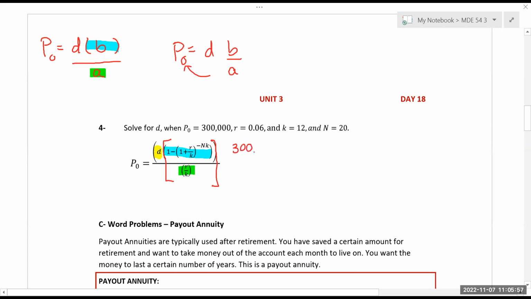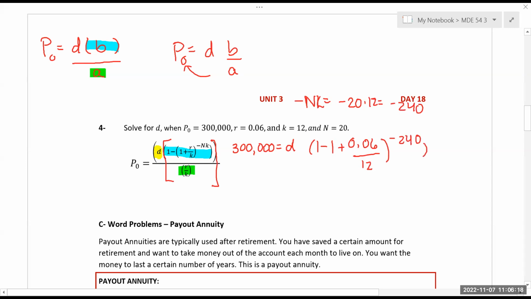So what that would look like is PO is 300,000. I'm going to move D out and then do 1 minus 1 plus R divided by K. Let's also do negative NK separately, because that's just another set of parentheses.